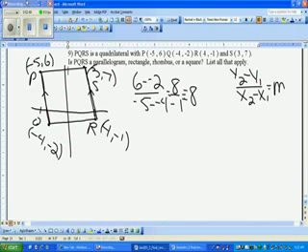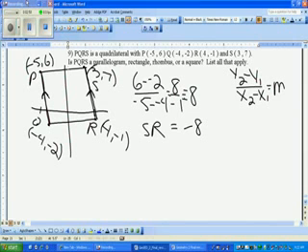Finding SR the same way, SR is also -8. Okay, that's the slope of SR. So now we know that these two are, in fact, parallel.